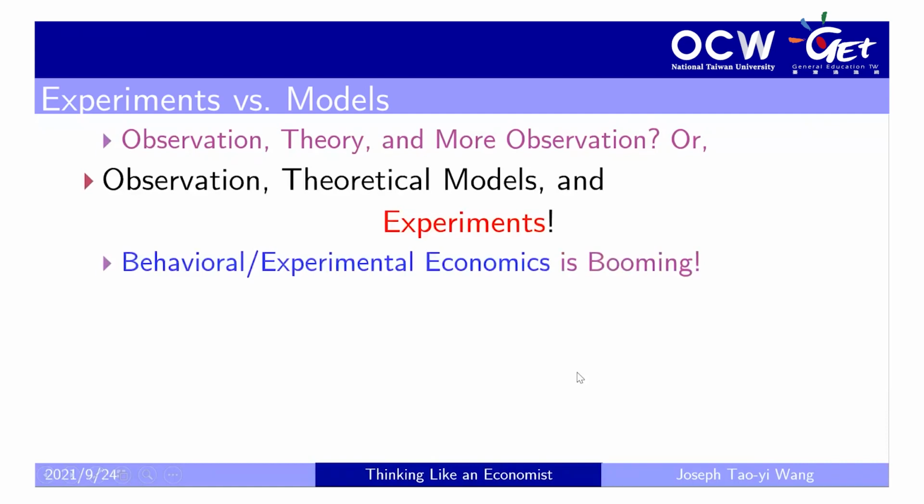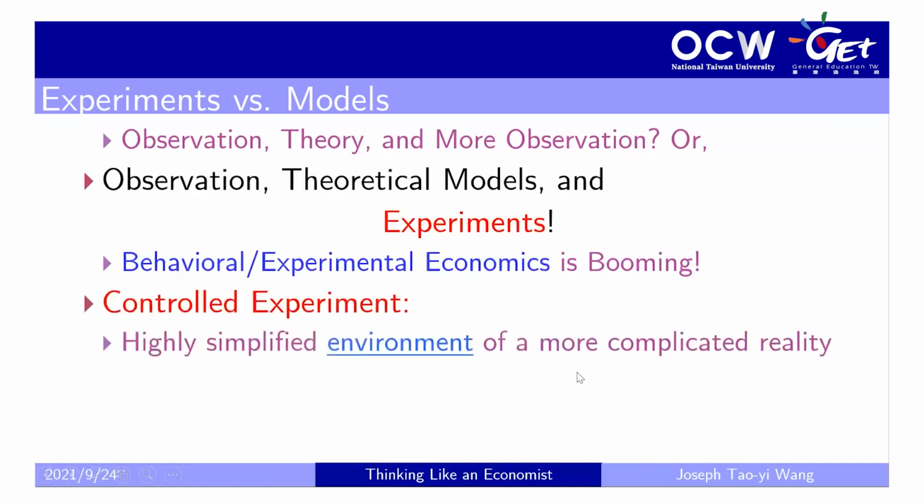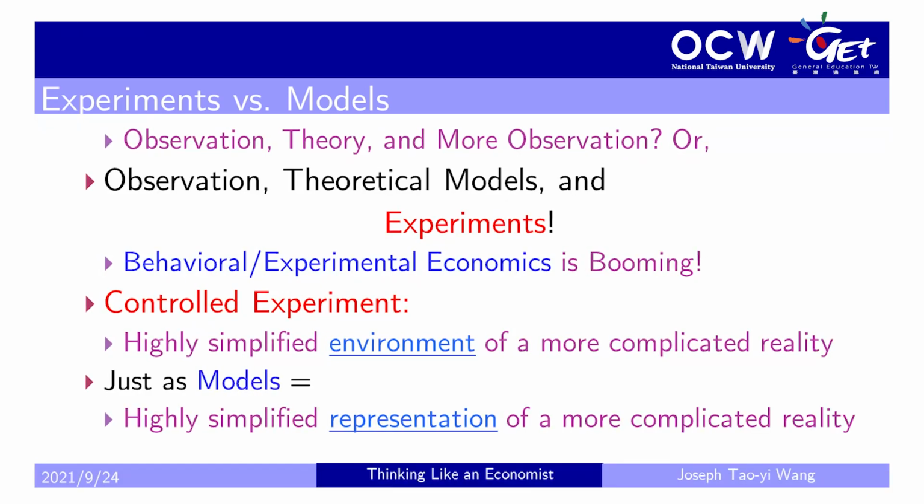Because experimental economics is the research I do, I want to take a little bit of time to introduce this. It's a growing field. And what is a controlled experiment? It's a highly simplified environment of a more complicated reality, just like models are a highly simplified representation of a more complicated reality.